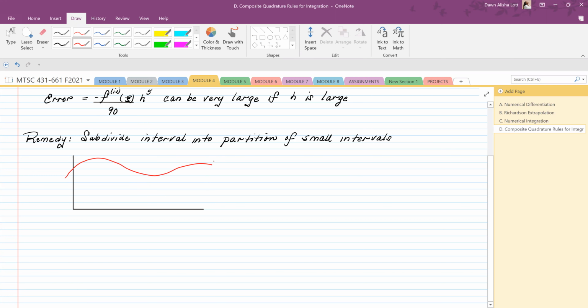I want to go from A to B. And then I'm going to split it up into smaller intervals.